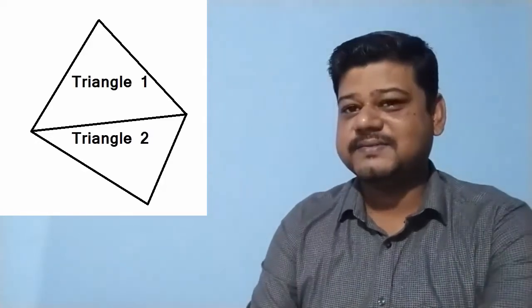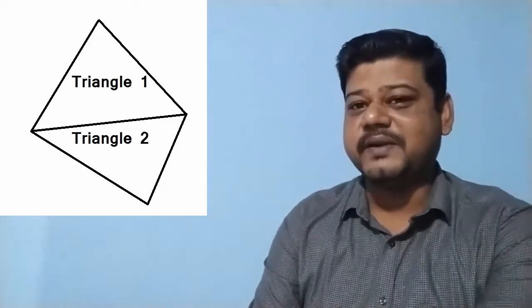To understand this better, let us take a quadrilateral and draw a diagonal, only one diagonal we are drawing. Now, this diagonal has divided the quadrilateral into two triangles.